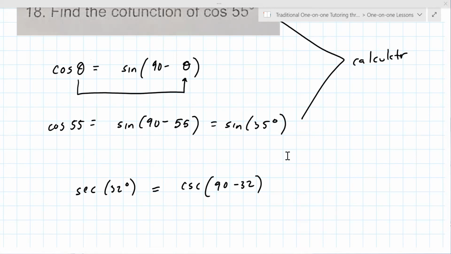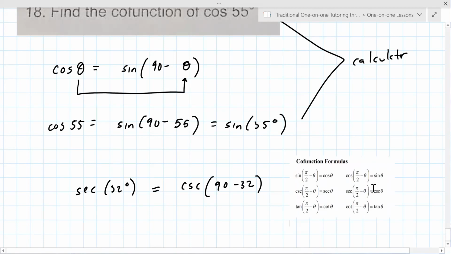But if you replace the pi over 2's with 90s, then you see the 6 co-functions that you get. But you'll notice that they all go together. Sine goes with cosine, secant with cosecant, tangent with cotangent. There's a nice mapping there, so it's not as much of a struggle to figure out.